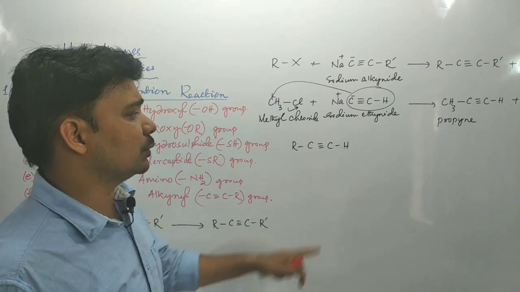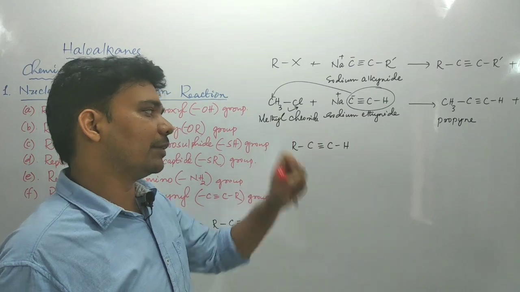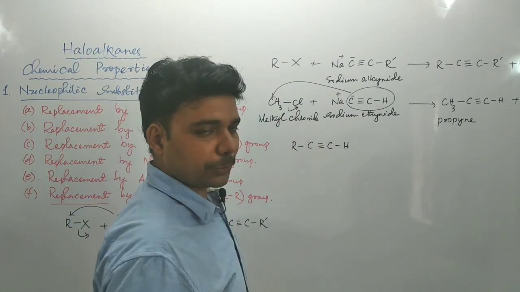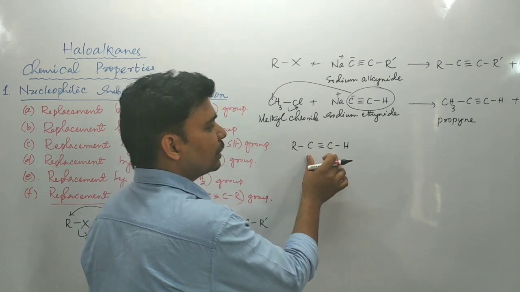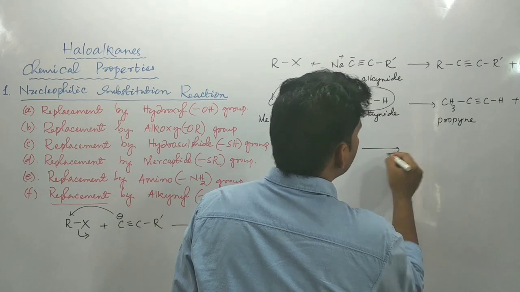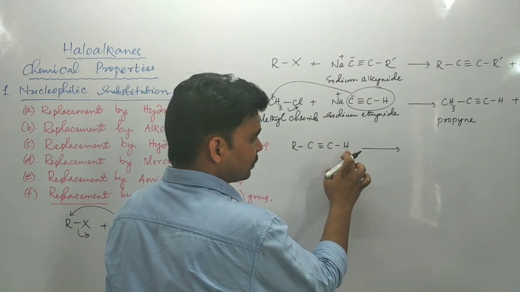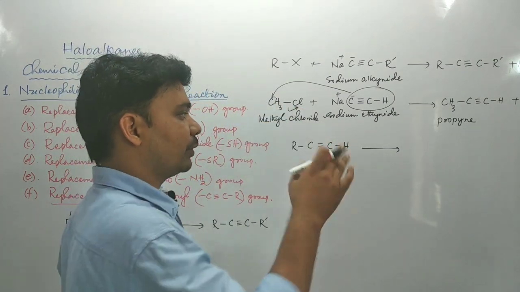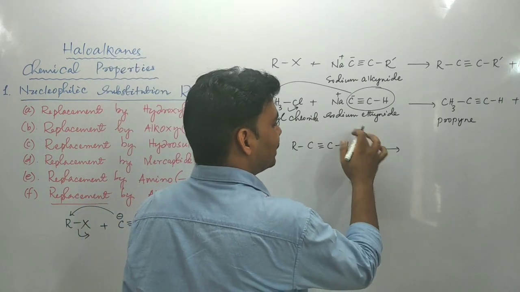Terminal alkyne means those alkynes which contain the triple bond at the terminal position, the terminal carbon bonded through a triple bond. In a terminal alkyne, the triply bonded carbon that contains one hydrogen, this hydrogen is acidic in nature. We have learned this from the nature of alkynes.